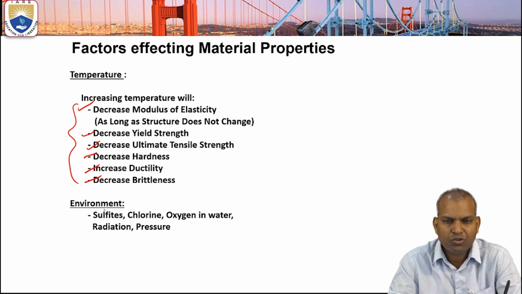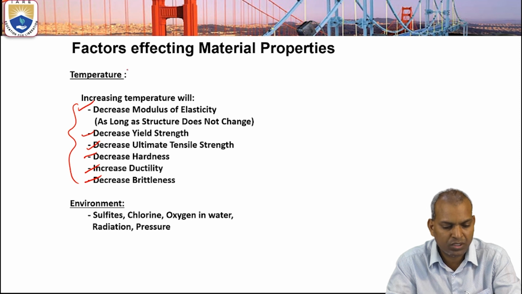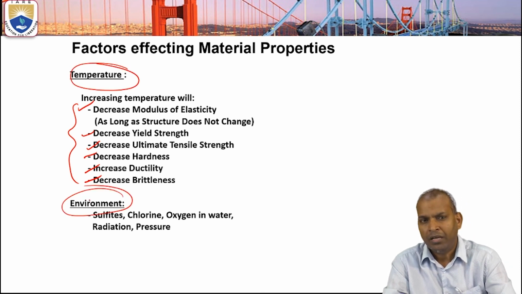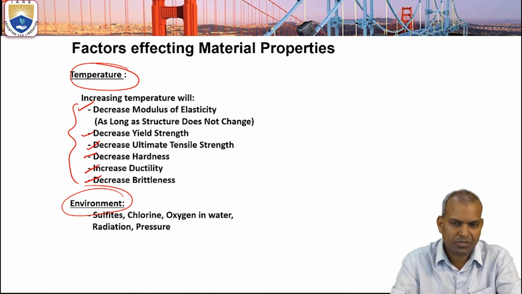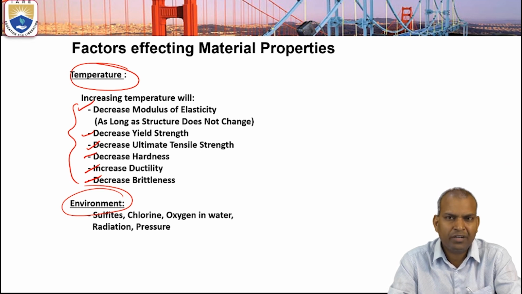So we have to consider the factors of temperature and environment when a component is fabricated with various materials. When we are designing ships and selecting the material for fabricating the ship, we have to consider the environment factor and temperature.